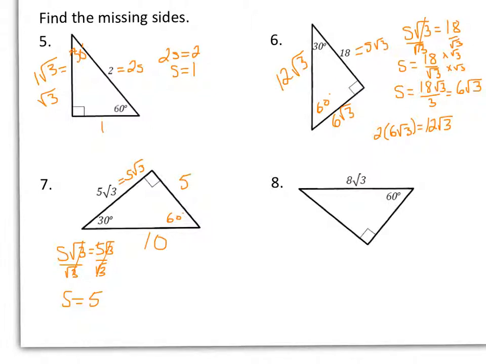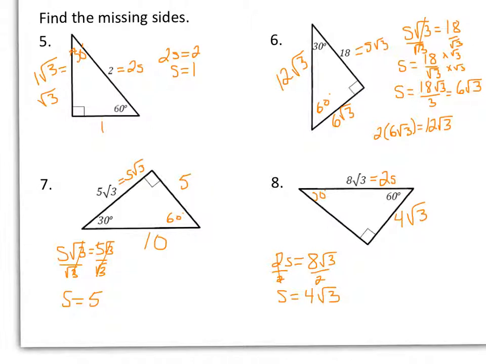Okay, and in number 8, 8 square root 3 is my hypotenuse, which is twice my short side. So to find my short side, I will just divide by 2. 8 divided by 2 is 4, and then bring along that square root 3. So the shorter side's 4 square root 3.